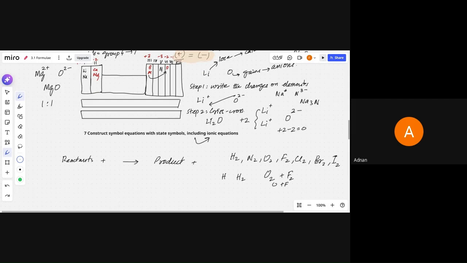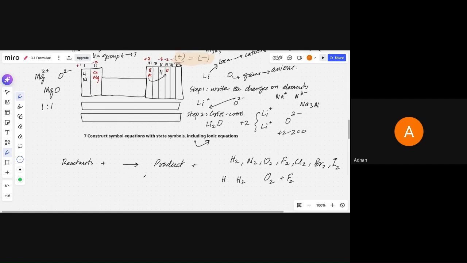You should also know the state of a substance, and for that we have solubility rules, which we will cover in detail in our chapter on acids, bases, and salts. Then you figure out whether the substance will be aqueous or not.